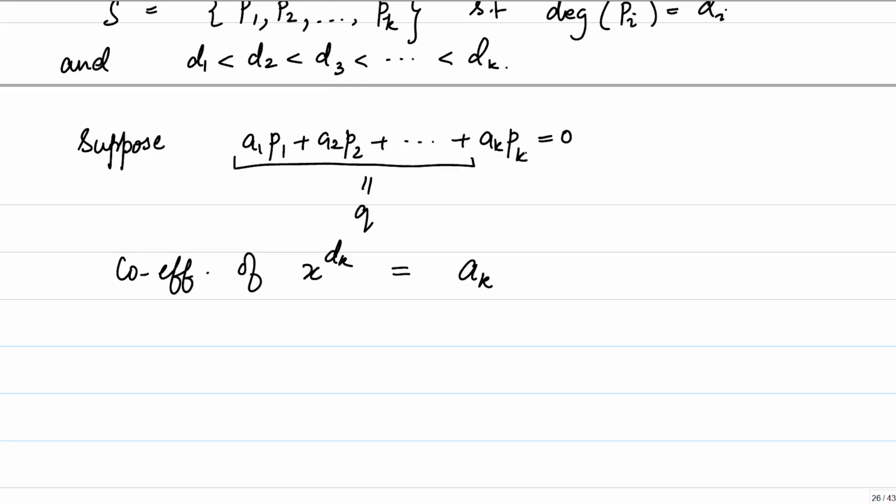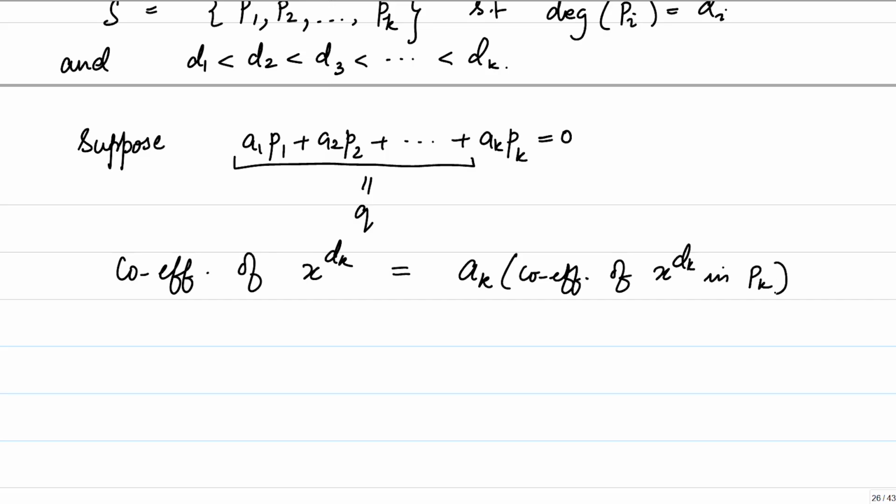Only pk has the monomial x to the power dk, and therefore the coefficient would be ak times the coefficient of x to the power dk in pk, which is a non-zero number.